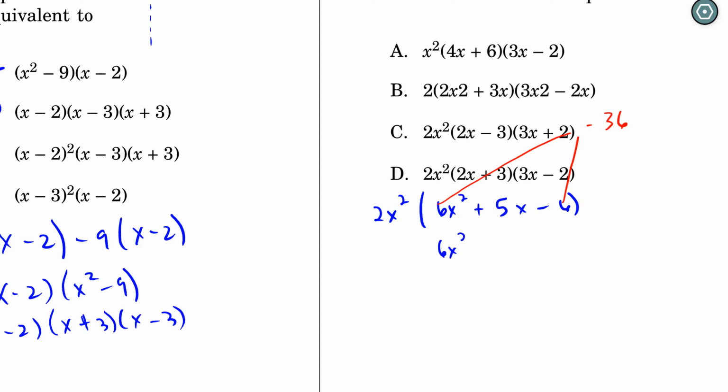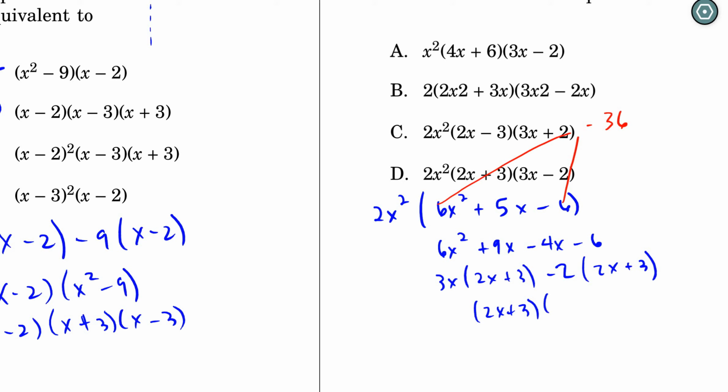That's going to be 9 and 4. I'll do grouping there. 3x gives us 2x plus 3, minus 2 gives us 2x plus 3. So then I'm going to have 2x plus 3, 3x minus 2, and we can't forget about the GCF, which comes all the way down into the front.